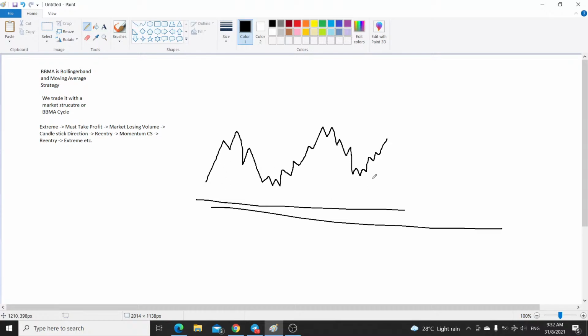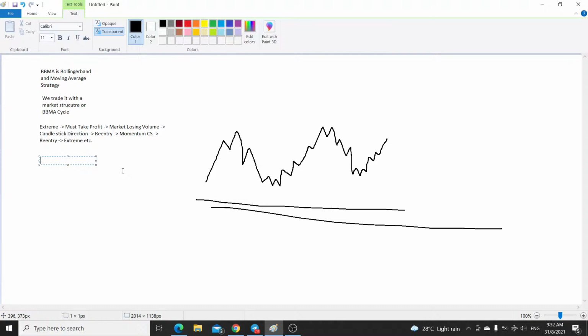So what I do is we have to combine this structure together with the moving average. So what is the moving average? Basically, once you know this structure, the structure helps us to identify trend reversal or trend.